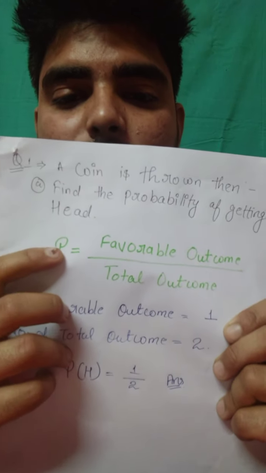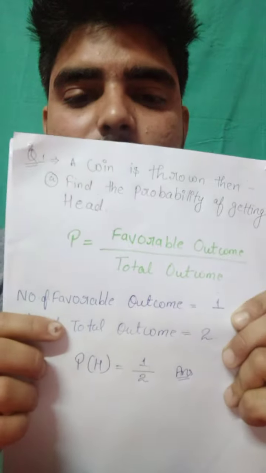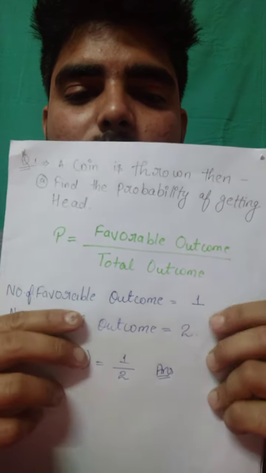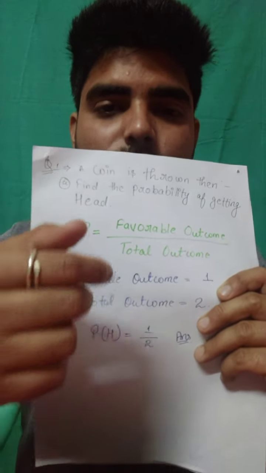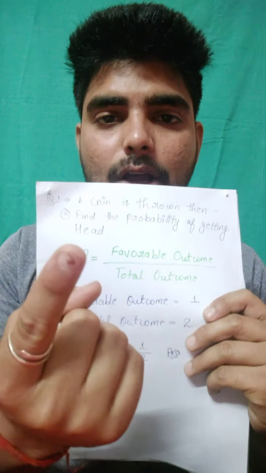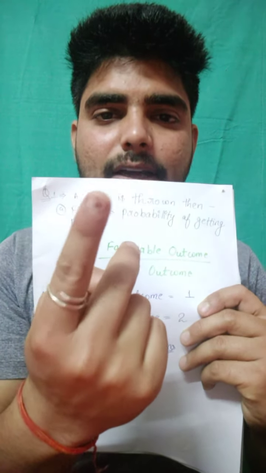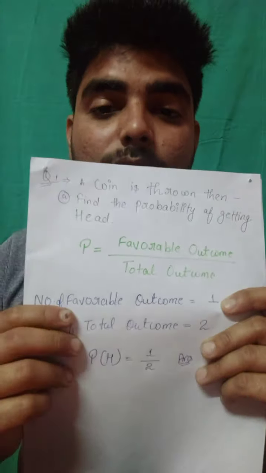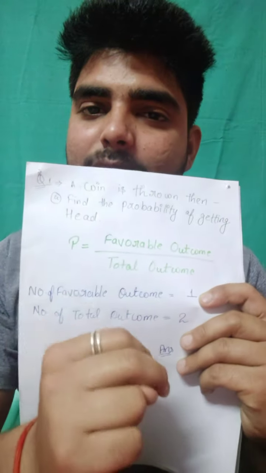So, the formula for probability is favorable outcome upon total outcome. In this particular case, the number of favorable outcomes will be 1, because when we toss the coin, we might get head or tail. So getting head is only one time. So favorable outcome is 1 and total outcome is 2, because it might be head or it might be tail.